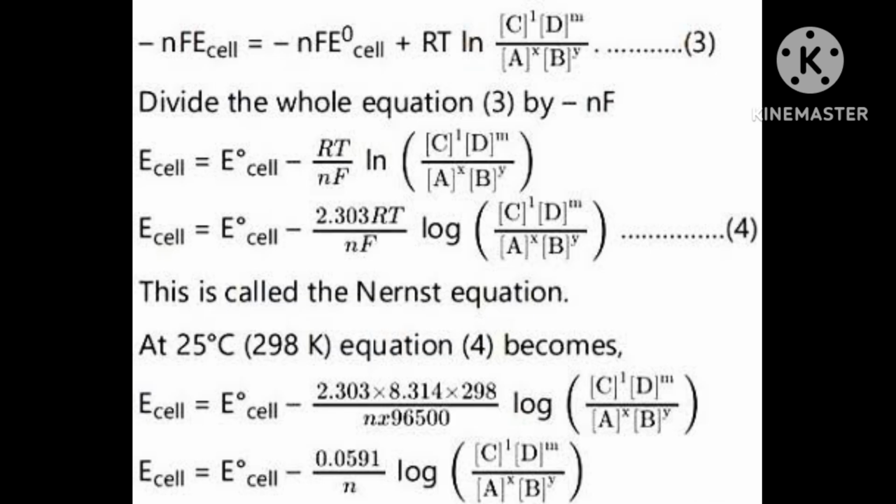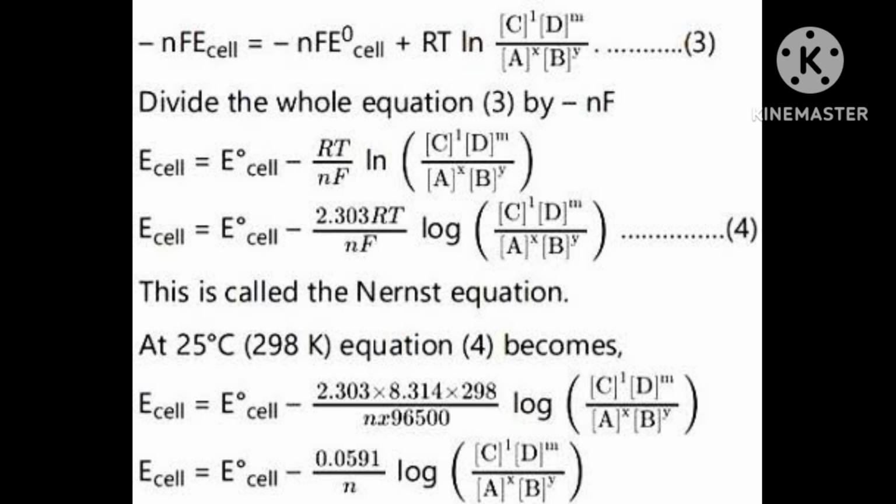So for silver ion, molarity is given, for magnesium ion, concentration is also given, and the other product is 2Ag solid. This is the reaction: Mg solid plus 2Ag+, giving Mg2+ and 2Ag solid. In any reaction, you know Zn is converted into Zn ion and copper ion converts to copper metal.